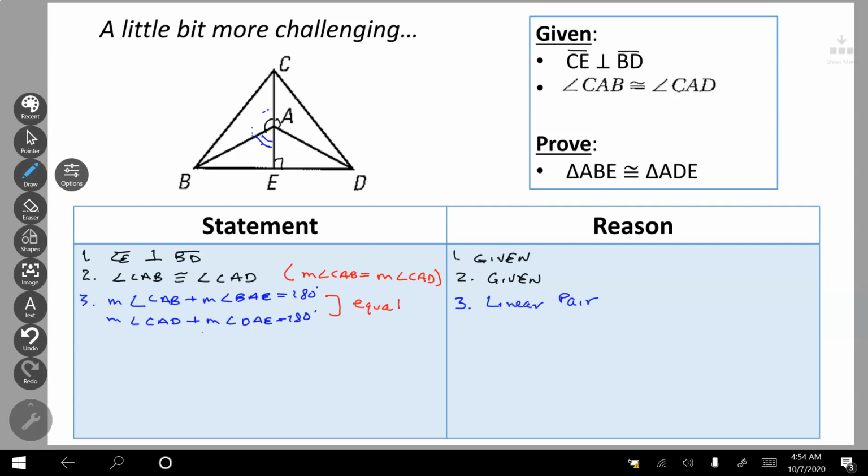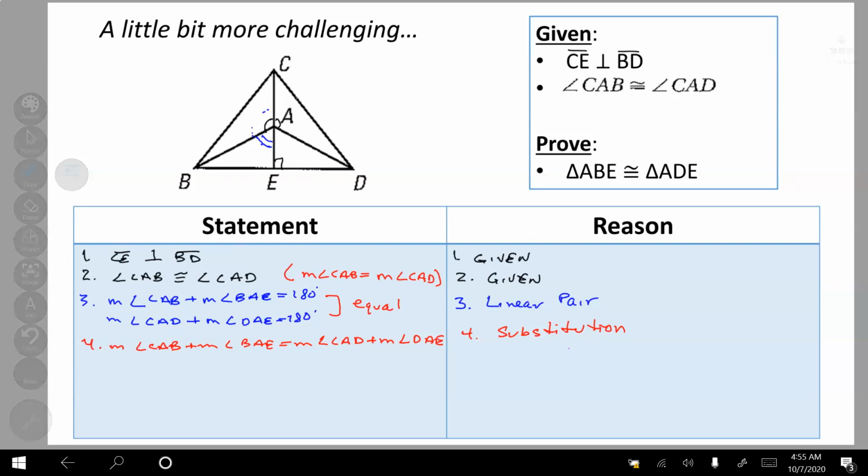So now I can say these two things are equal to each other. Because I have two sets of linear pairs of angles, I can say they're equal to each other. So I have the statement down here, and that's just called substitution. Putting one thing equal to another. Going back to line 2, since angle CAB is congruent to angle CAD, that means their angle measures are equal.